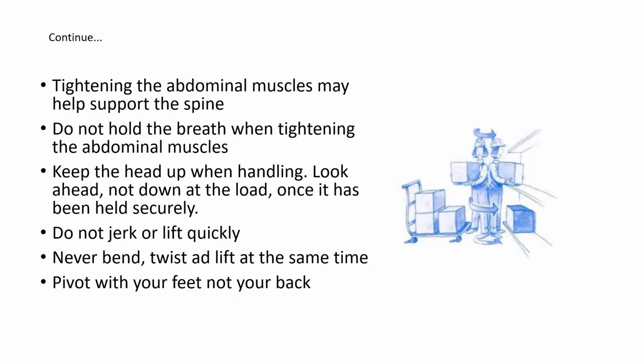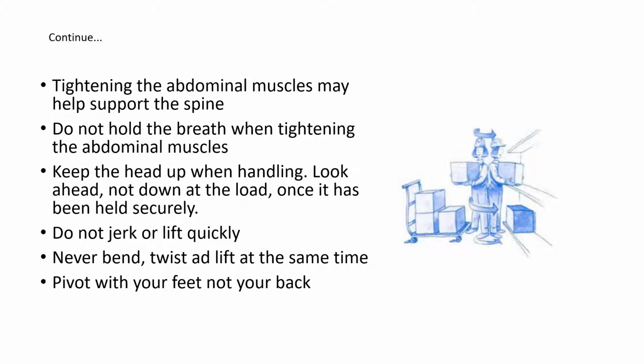Tightening abdominal muscles can help a person have less lordosis in the spine, and also good stability of the spine. It's important that during the contraction of the muscles, the person learns how to breathe and not hold their breath, because you need good oxygenation of your muscles to produce enough energy for doing the tasks.